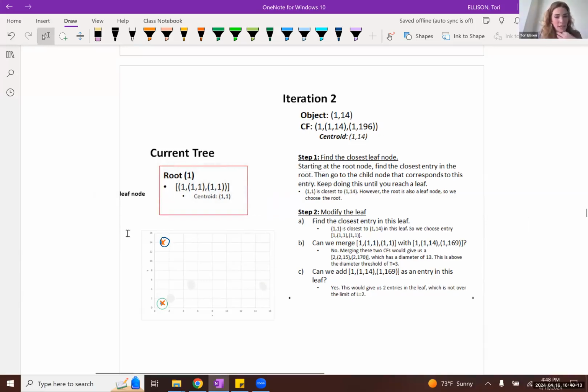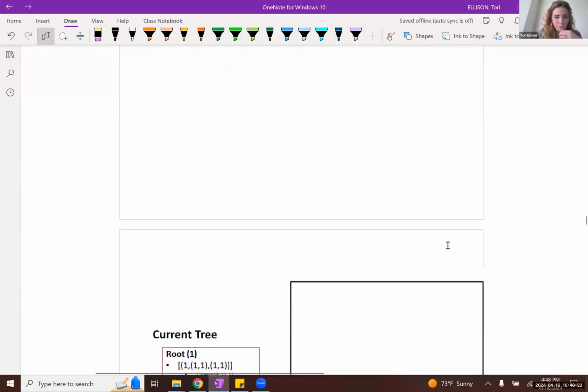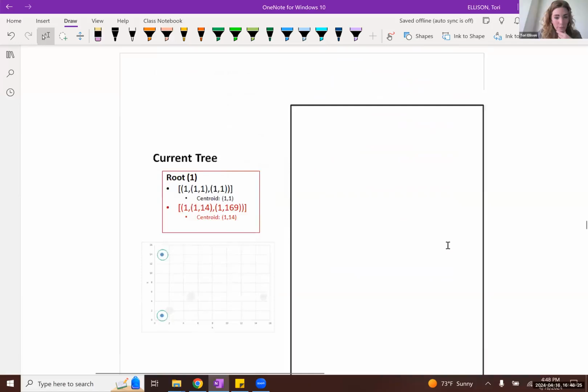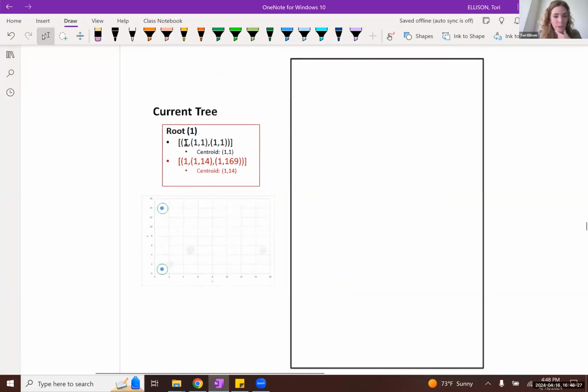So we are essentially allowed to create a new CF entry that corresponds to this incoming subcluster. So our new CF tree would be one in which we have 2 subclusters represented with 2 CF entries in our root node, which is also simply just our leaf node as well.